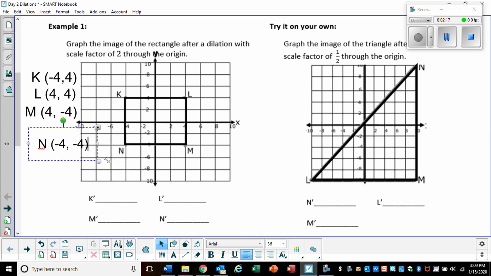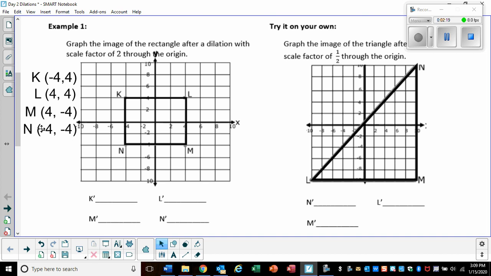Now we're going to take the scale factor and multiply every single one of these numbers by 2. The reason I use 2 is from that scale factor. So -4 times 2 gives us -8, and 4 times 2 gives us 8. That gives us K prime.